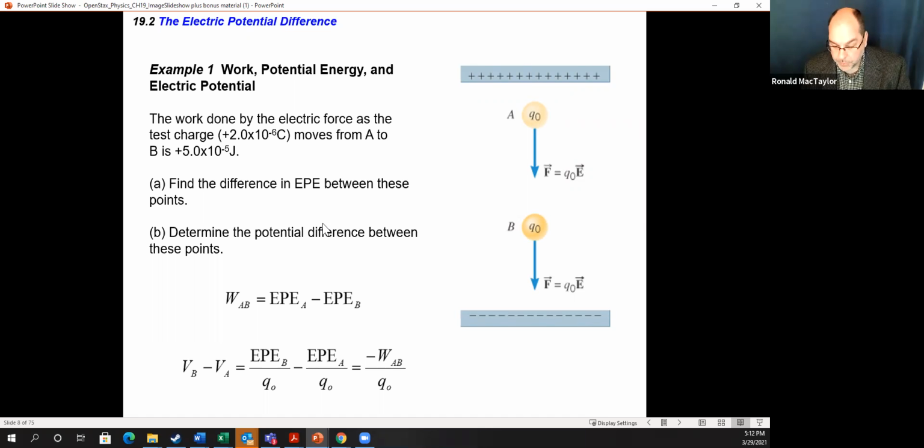So the work done here by the electric force, test charge, 2 times 10 to the negative 6 coulombs. If you're not really familiar and happy with doing scientific notation on your calculator, this stretch of the course is going to be very painful that way.